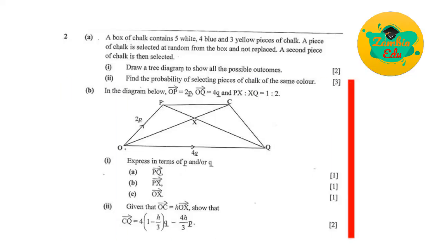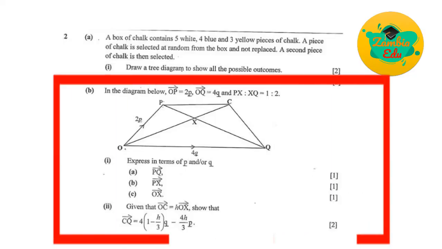Paper 2, vectors, internal paper. The question reads, in the diagram below, vector OP is equal to 2P. Vector OQ is equal to 4Q. And vector PX to XQ is equal to 1 to 2. That's the diagram that you are seeing there.